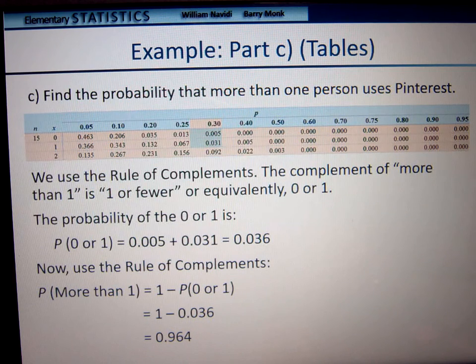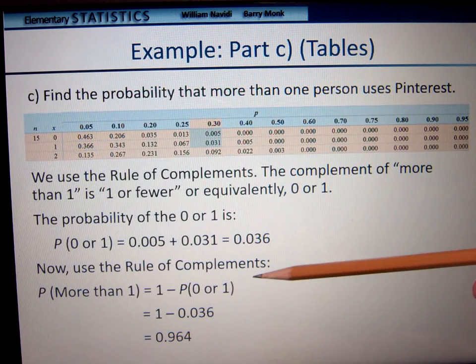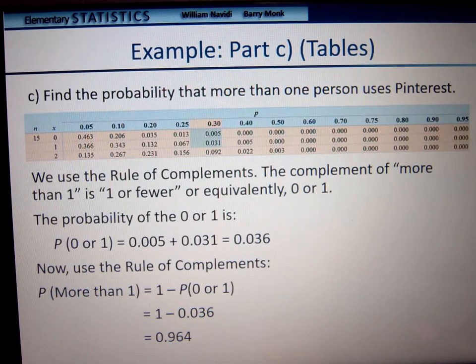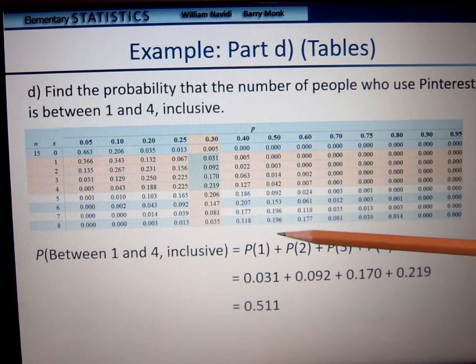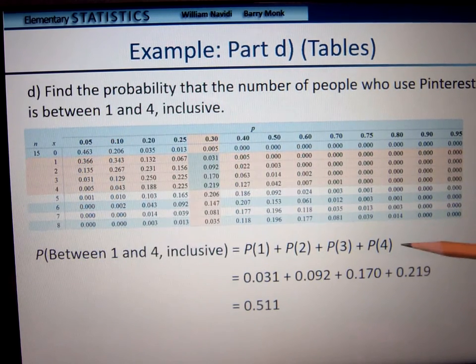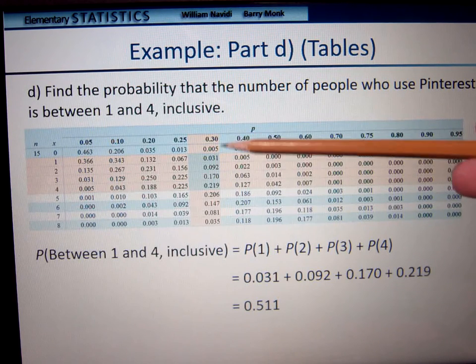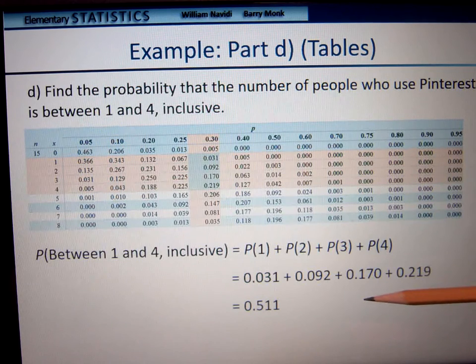More than one person, again, I can take 0 and 1, get that value, use my complement rule, and there's my answer again. Between 1 and 4 inclusive would be 1, 2, 3, and 4. I look those values up and add them together and get 0.511 or 511 thousandths.